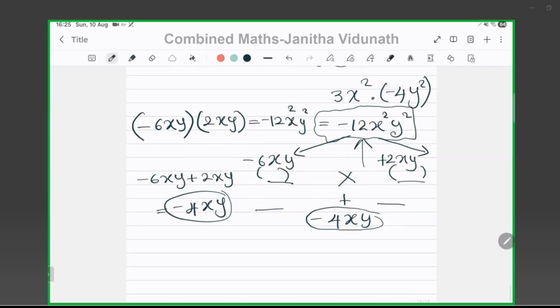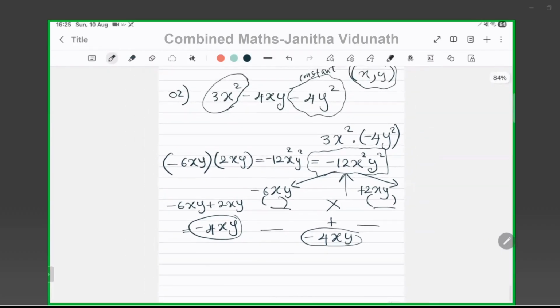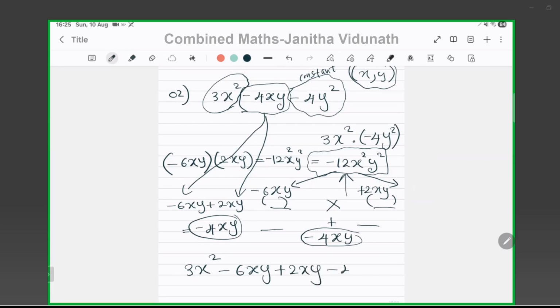Okay. Then we remove this term and substitute it with these two terms. Then we get 3x square minus 6xy plus 2xy minus 4y square.